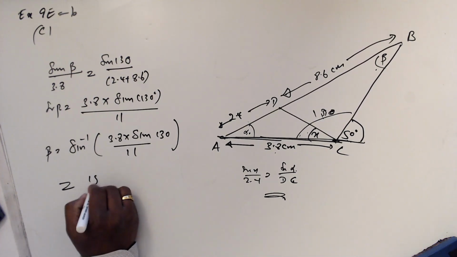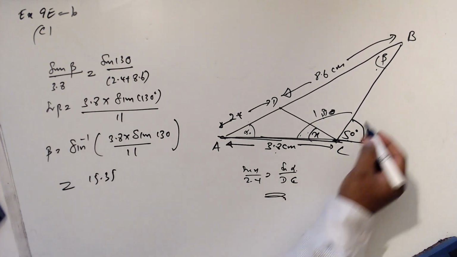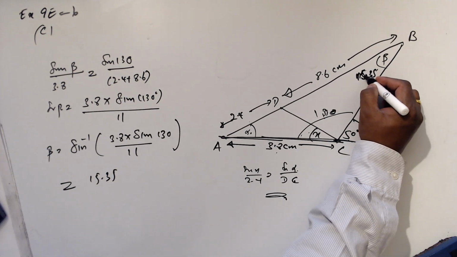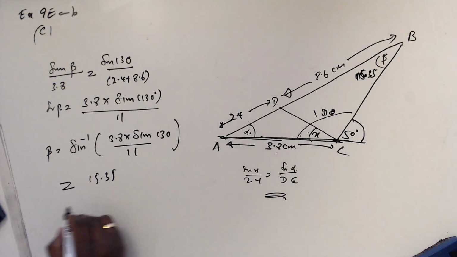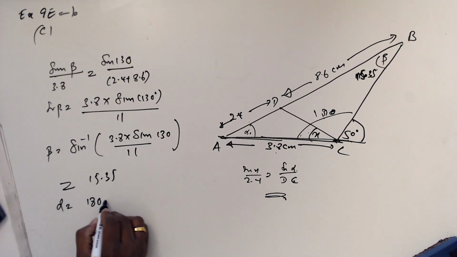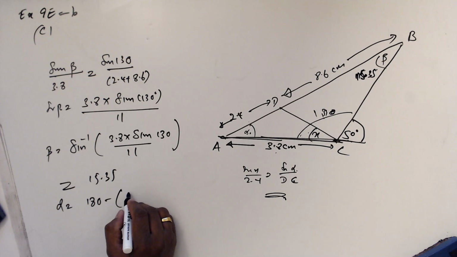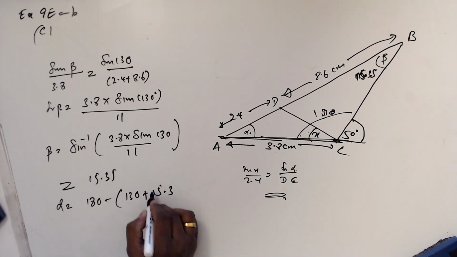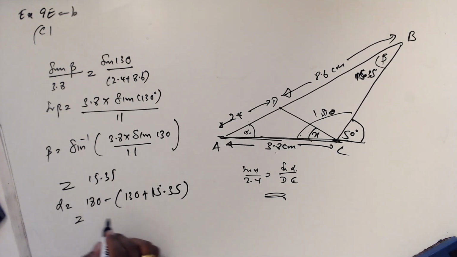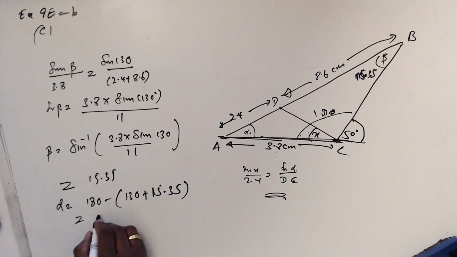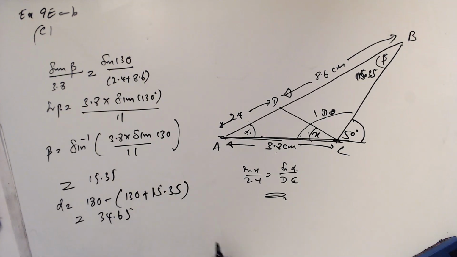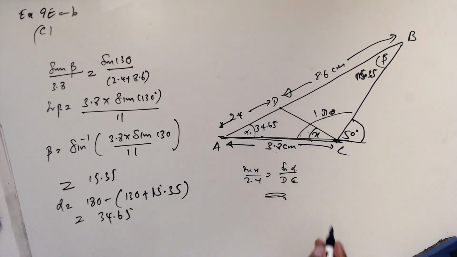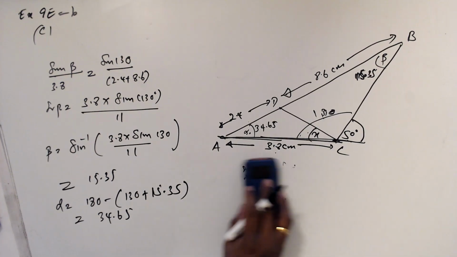So it is going to be 15.35. Then I can find alpha: 180 minus 130 plus 15.35. This is 34.65.